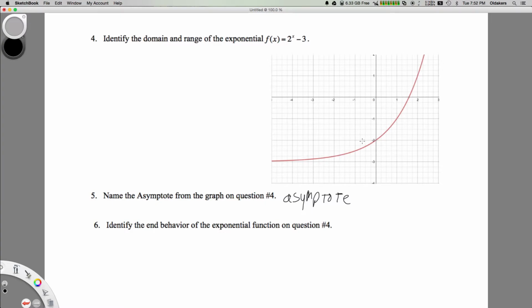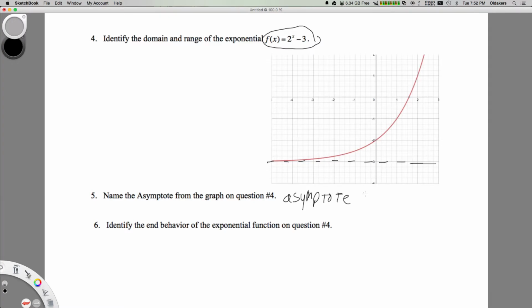So if you look at this, the function is going up as it's going this way, and if you start going on negative x values to this way, it's going to start approaching this line here, but it's never going to cross it. If you were to make a table of this function up here, you would see that it's getting closer and closer and closer to that output value, but it's never quite going to get there.